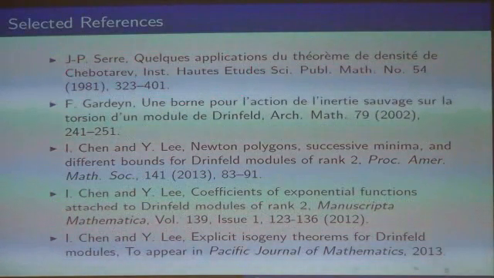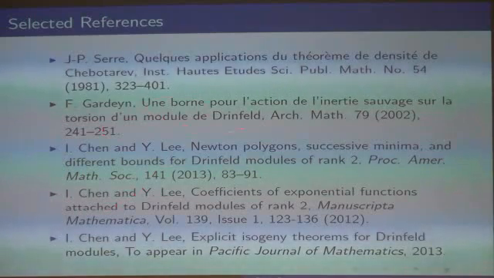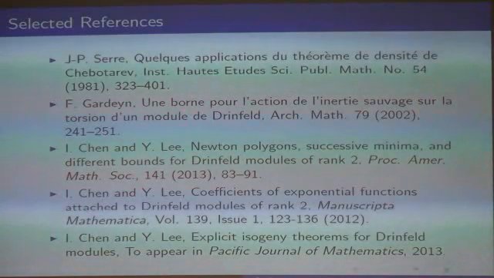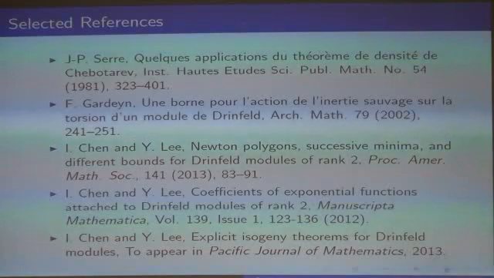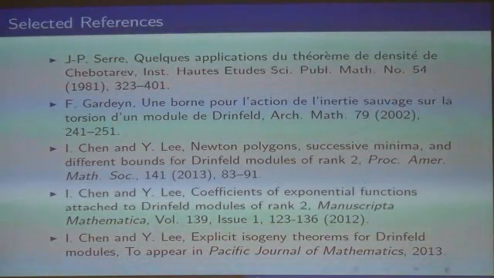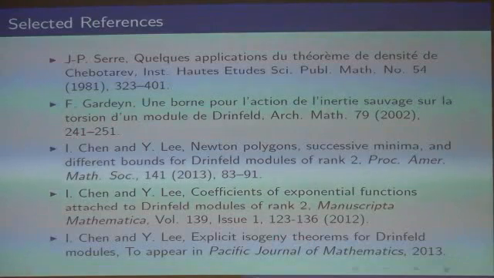Sayre got the isogeny theorem version, and this is Gardeyn's result, the explicit isogeny theorem. And these are the recent works with my coworker. In this paper, we discussed the Newton polygon idea. And in this paper, we were trying to make it explicit for this delta sub phi value. And this is mainly the paper for this talk.